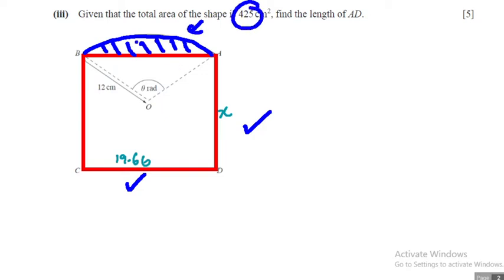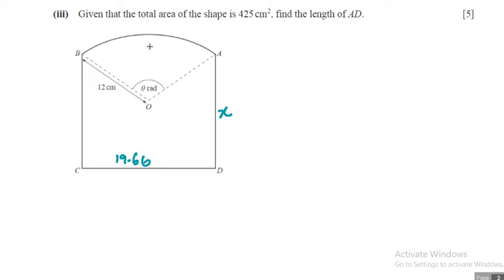Let's figure out how to find the segment here. There's another formula to find the segment, but I don't like to memorize all these formulas. I just use some formula from which I can derive it by myself.